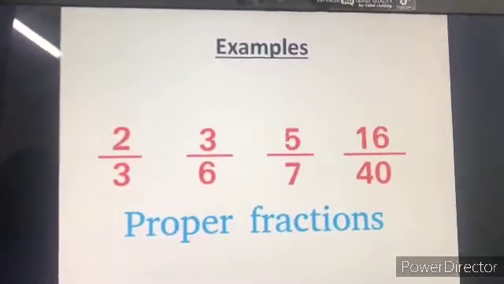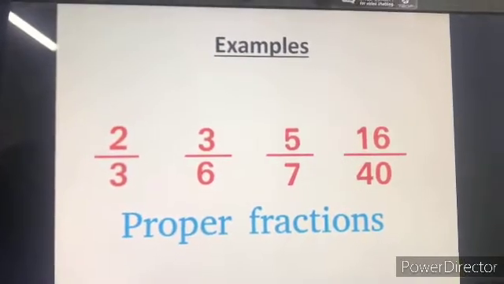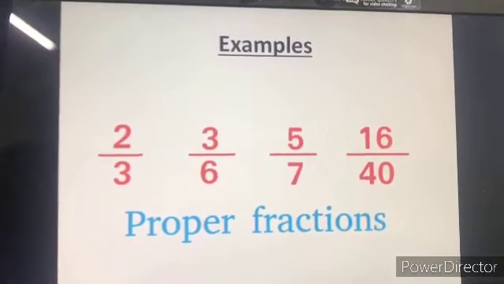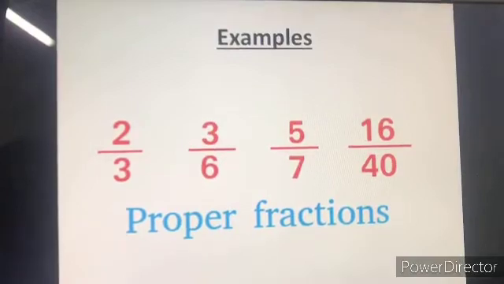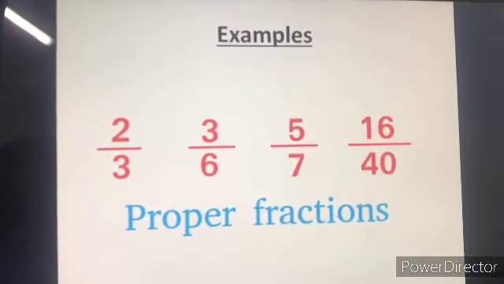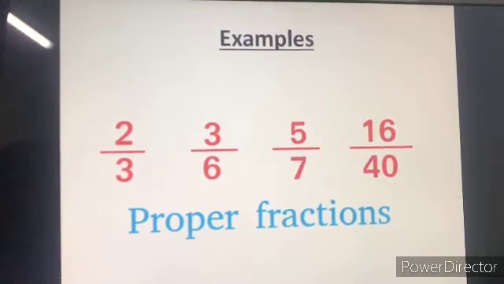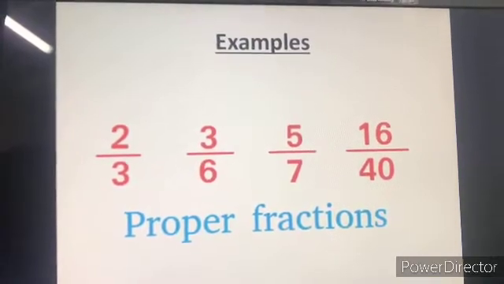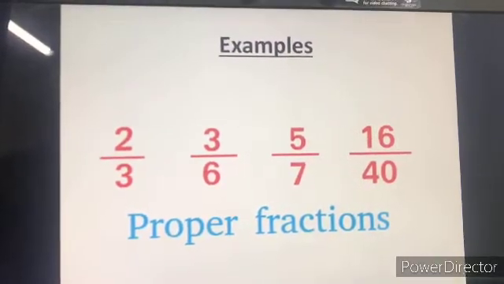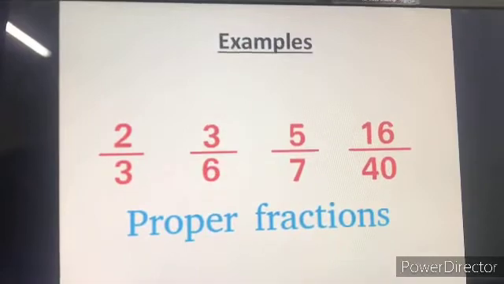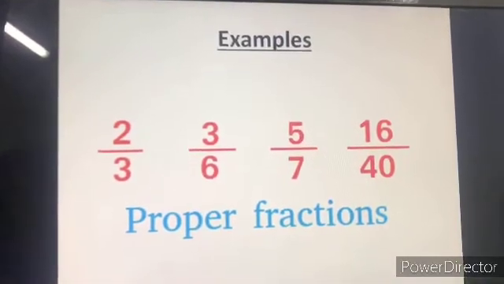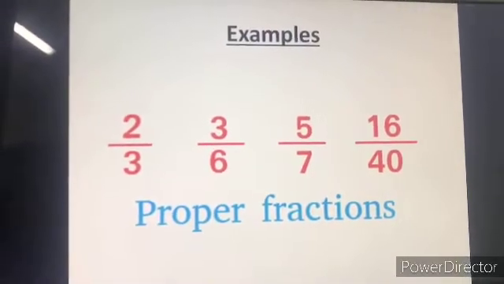Here you can see a few more examples of proper fractions. Yes, you can see all the bottom parts are greater than all the top parts. What are the top parts? Excellent, numerator. The top parts are the numerators and the bottom parts are the denominators.